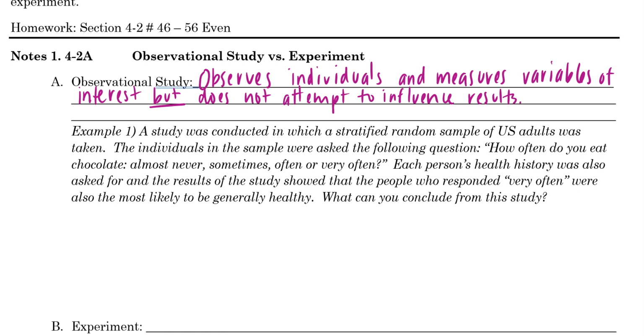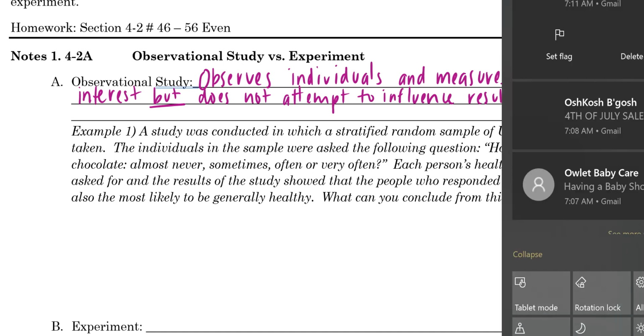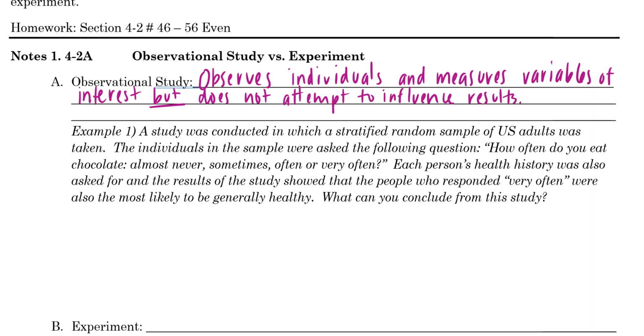So basically, an observational study is just collecting data that already exists or watching data as it happens to exist, or watching data as it happens.